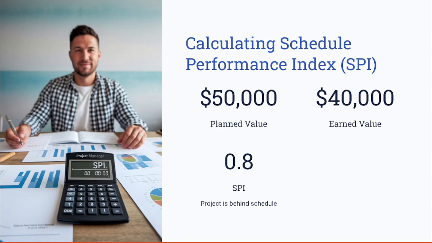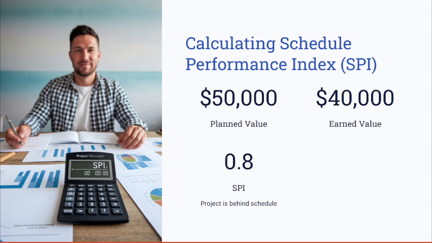We can calculate the SPI by dividing the earned value, which is 40,000, by the planned value, the PV, which is 50,000, and we get an SPI of 0.8. An SPI of 0.8 means that the project is falling behind schedule. So you now need to apply corrective actions depending on the cost of the project that you have, and depending on the constraints of the project.